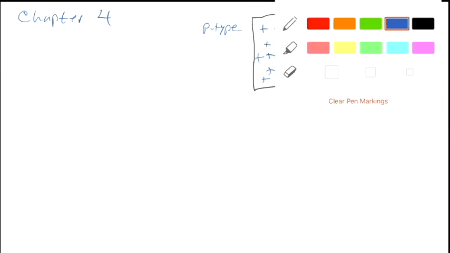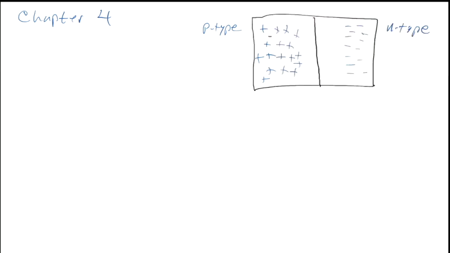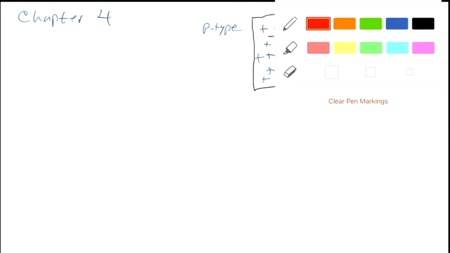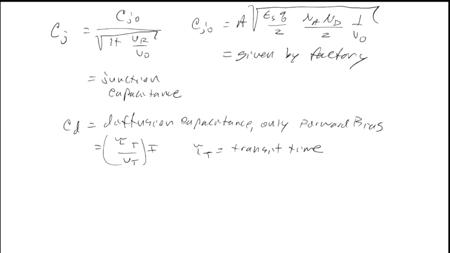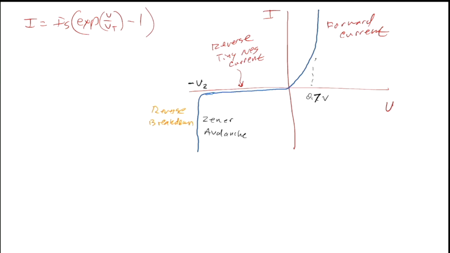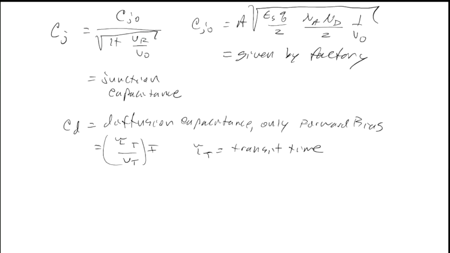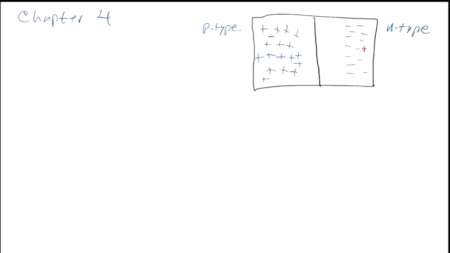It's basically a continuation of chapter 3. But we're going to start talking about the terminal characteristics more. So I already gave you some terminal characteristics, right? These capacitances are terminal characteristics. We're not going to talk about those much more. And the current versus voltage, that's a terminal characteristic. So we're just going to talk a lot more about that now.